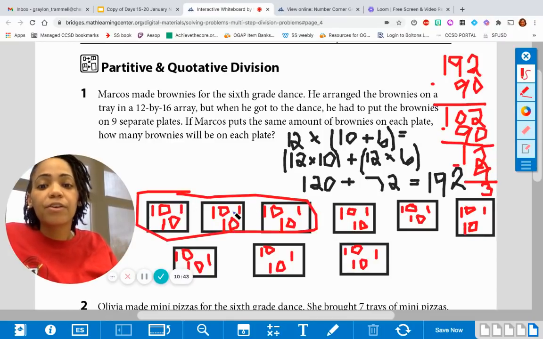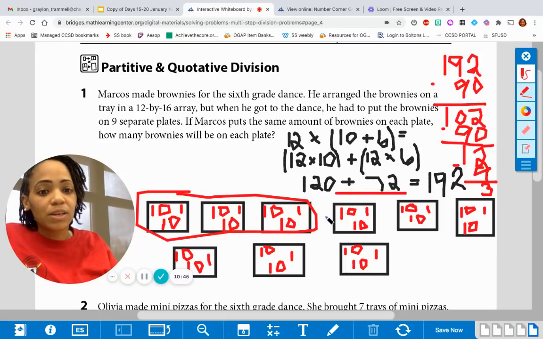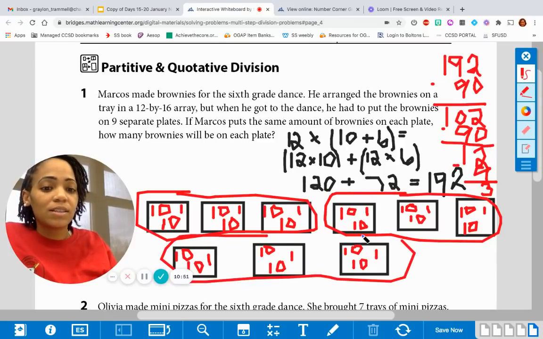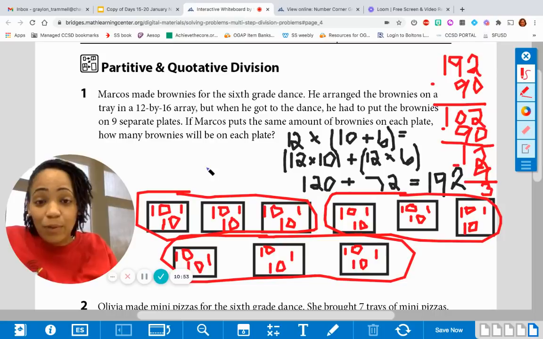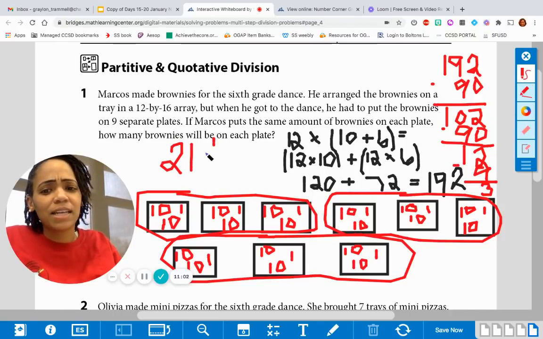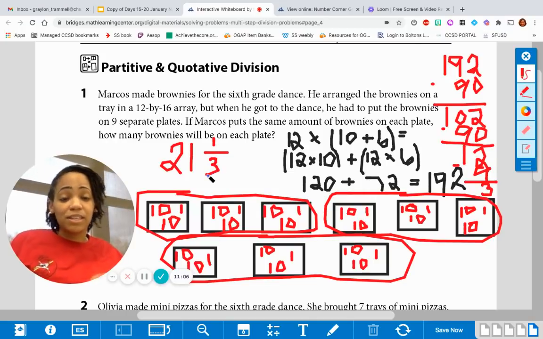If I add a third, a third, a third, this would give us one whole brownie. And this would give us one whole brownie. So I have 21 1/3 pieces of brownie on each plate. That's if I decide I want to use those last three.